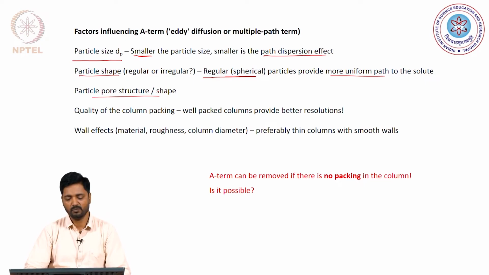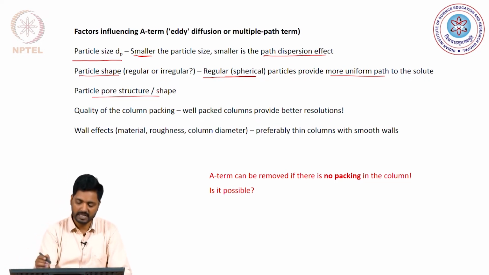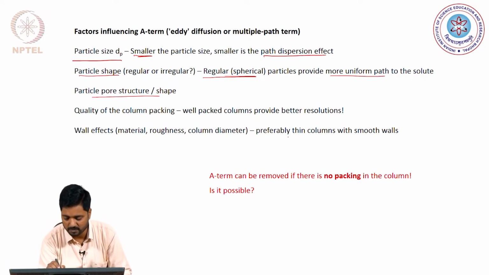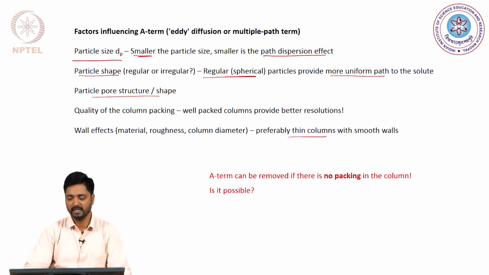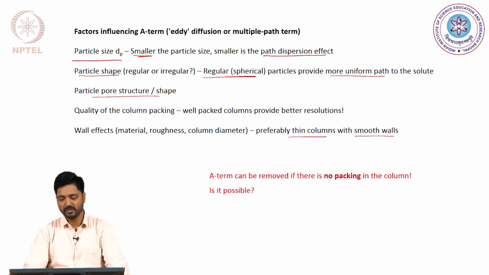There can also be wall effects, which are somewhat minimal but are still important to remember, and what we need are columns that are preferably thin and which have smooth walls. The path differences happening due to these are then minimized.